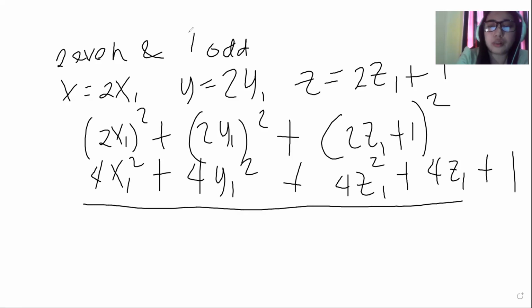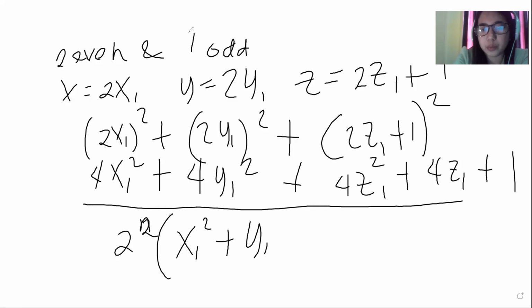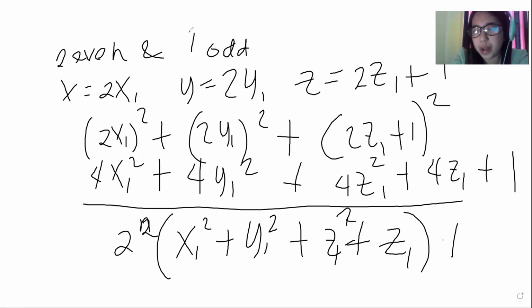So we can factor out 2 raised to 2. And what is left inside is x sub 1 square plus y sub 1 square plus z sub 1 square plus z sub 1, plus 1.